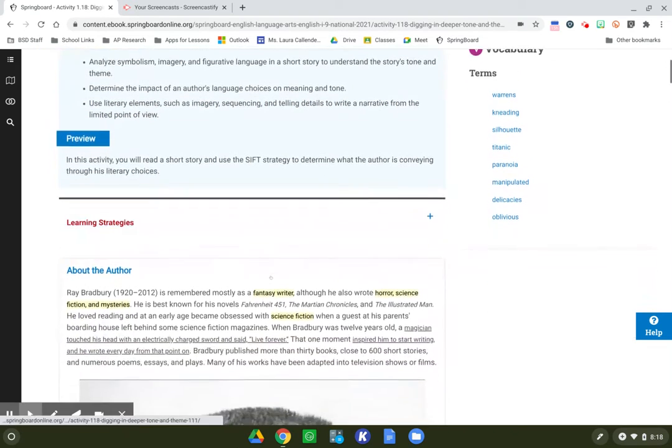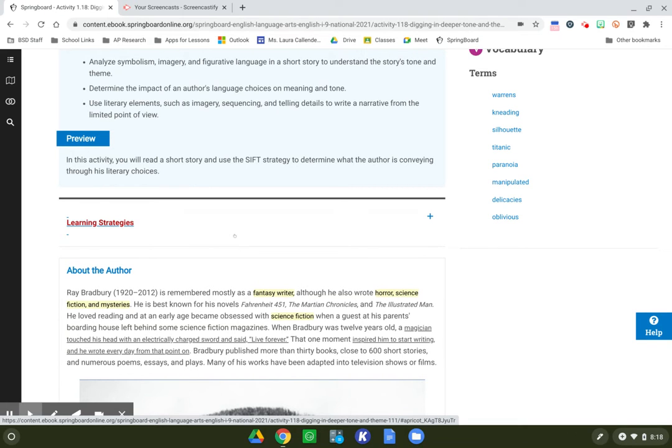So for this week, you will read a short story and then use what's called the SIFT strategy. So symbol, imagery, figurative language, tone, and theme. That's what SIFT stands for, to determine what the author is conveying through his literary choices.